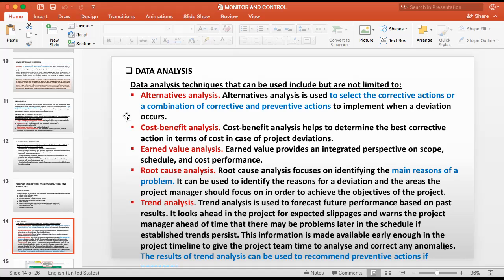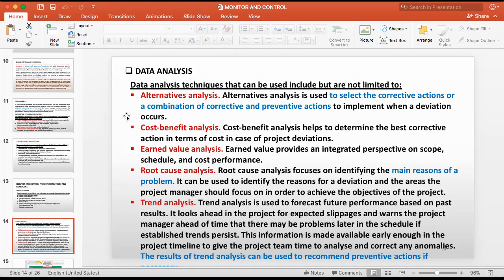Now it says cost benefit analysis helps to determine the best corrective action in terms of cost. That means this analysis helps to determine if the requested change is worth its associated cost.